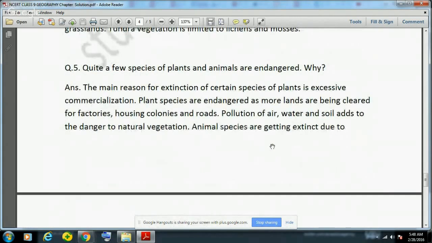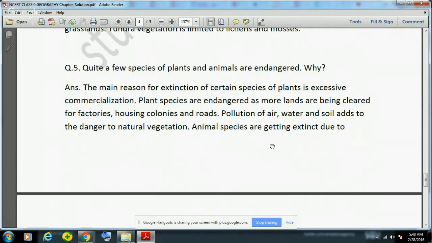Then quite a few species of plants and animals are endangered. The main reason for the extinction of certain species is excessive commercialization, because of their commercial value, like skin, fur, and other things.